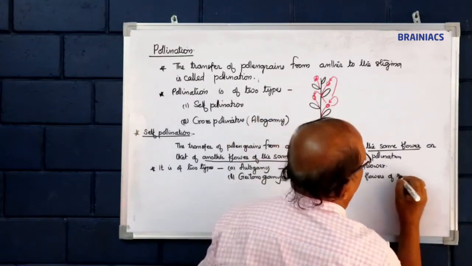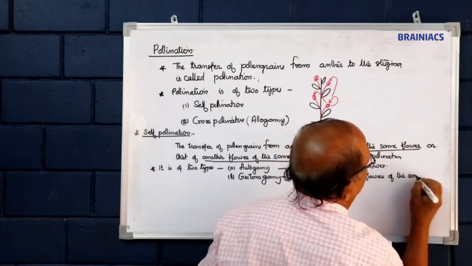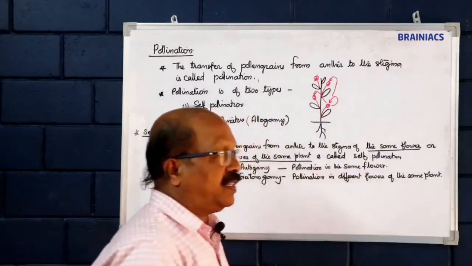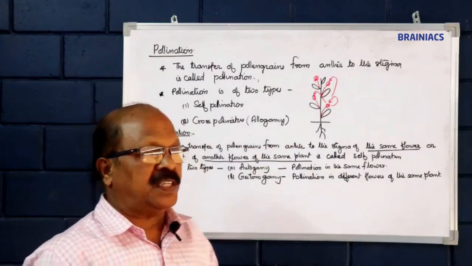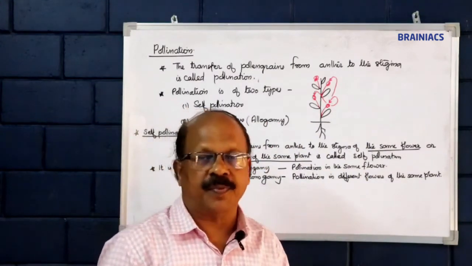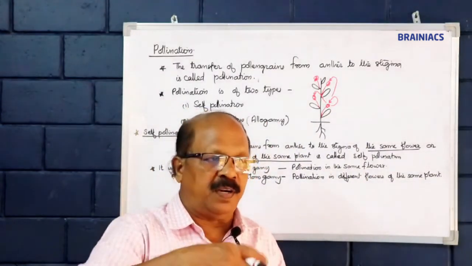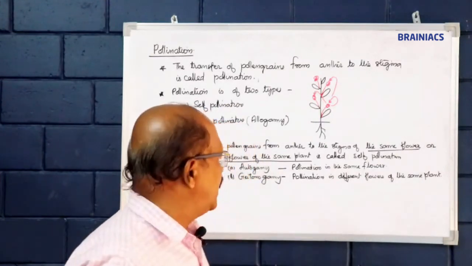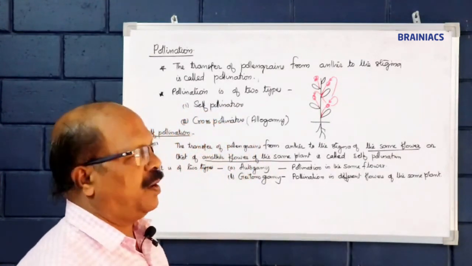Plant is same, flowers different. If pollination takes place in different flowers of the same plant, it is called geitonogamy.